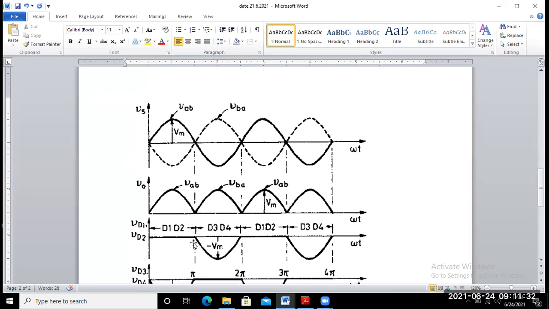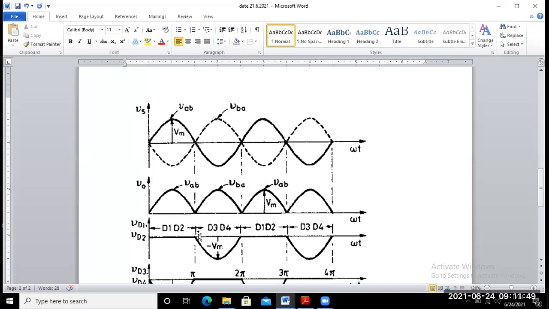Pi to 2 pi is the negative half cycle voltage. So you may observe that it is the negative half cycle waveform of the input voltage, this waveform, is it not?